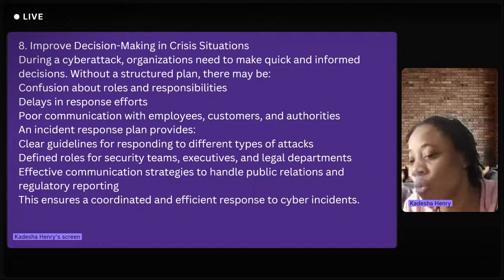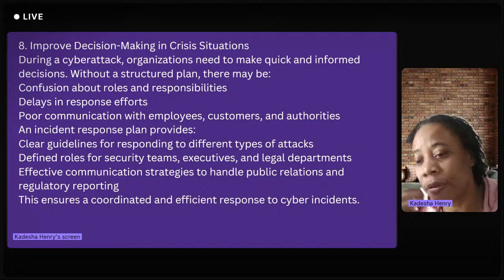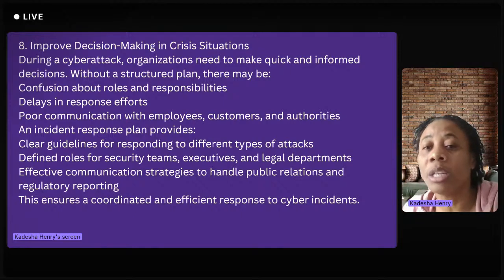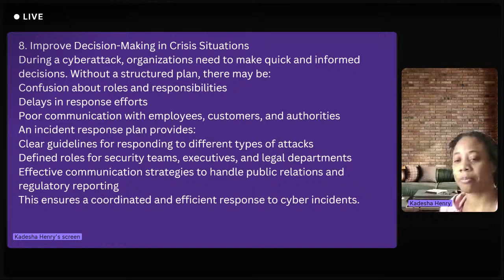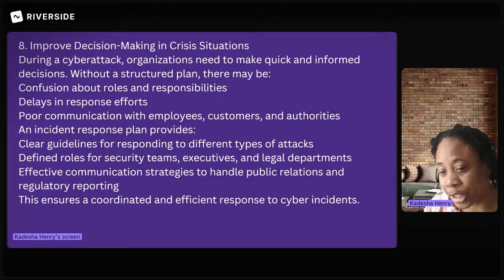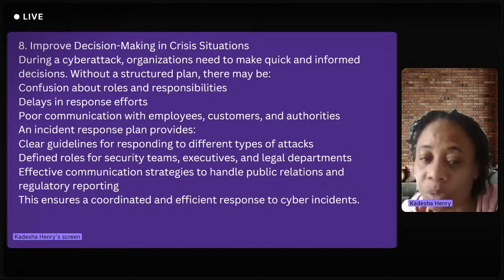What are their roles and their responsibilities? So if an incident should happen, there are protocols to follow, so the business can continue, so the incident can be contained and eradicated, and the business continues. That is why we need an incident response plan.